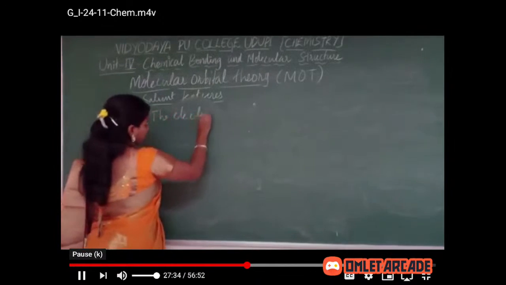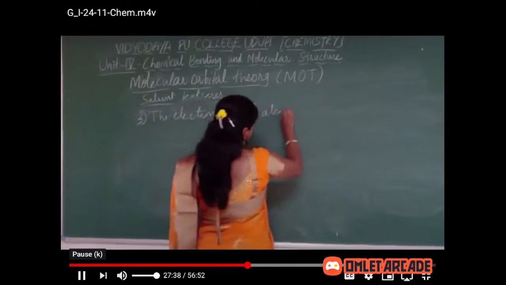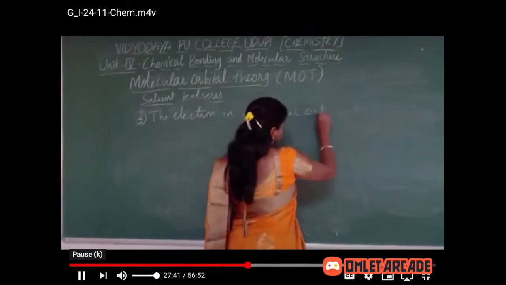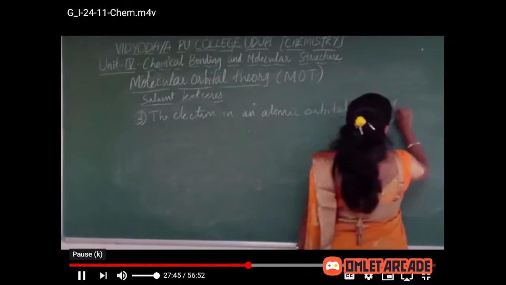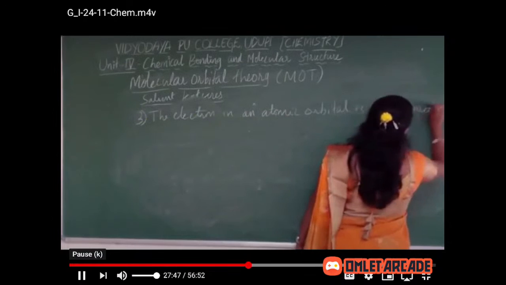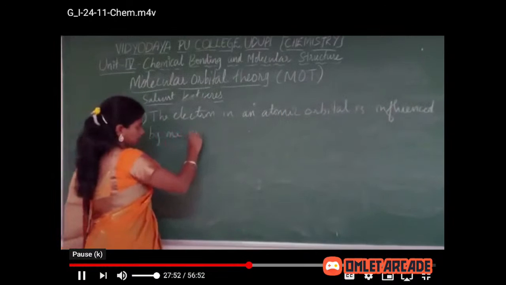Third one: the electron in an atomic orbital is influenced by one nucleus.